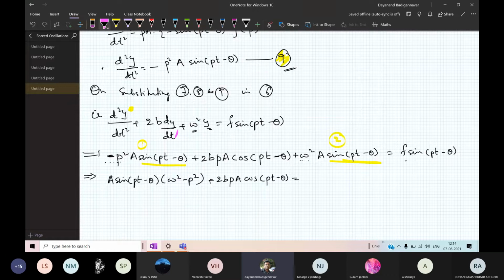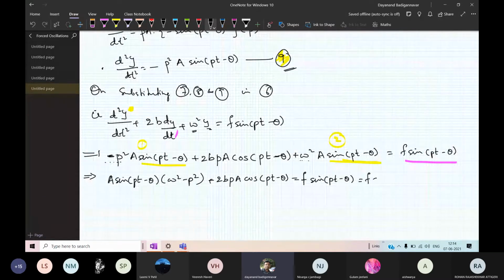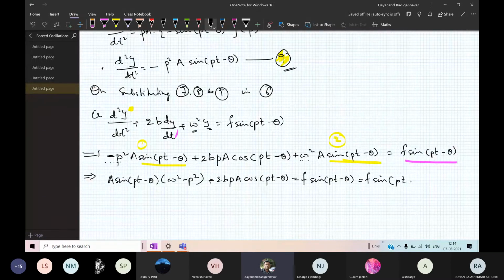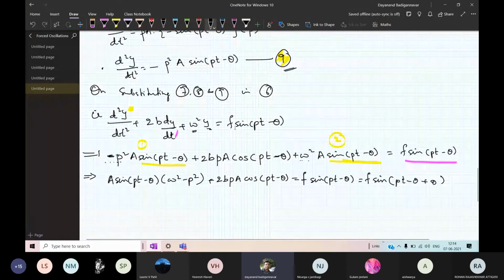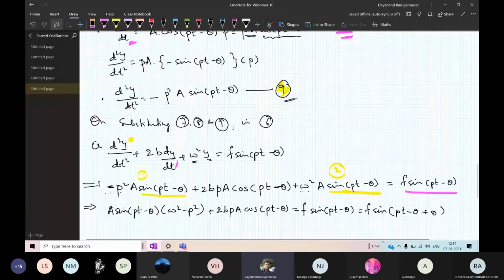This is the right hand side term. I will write f into sine of pt minus theta. Just a minute.